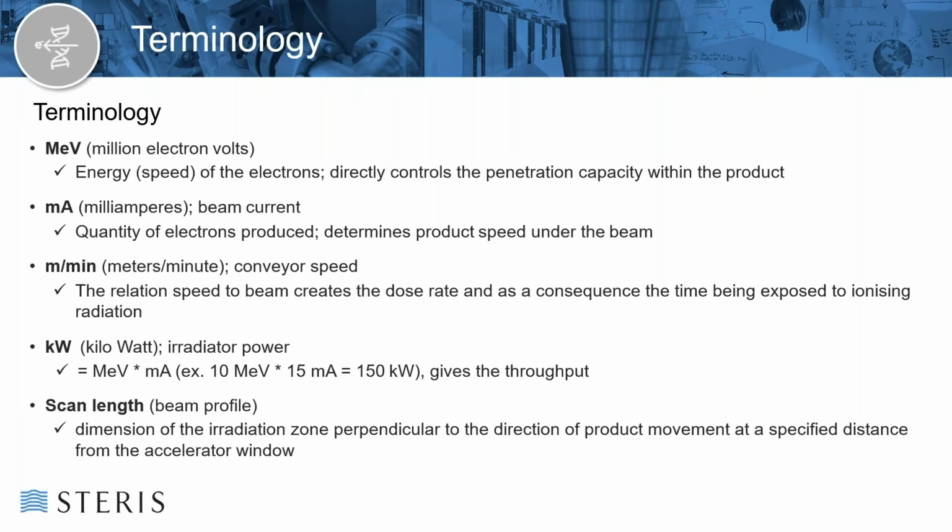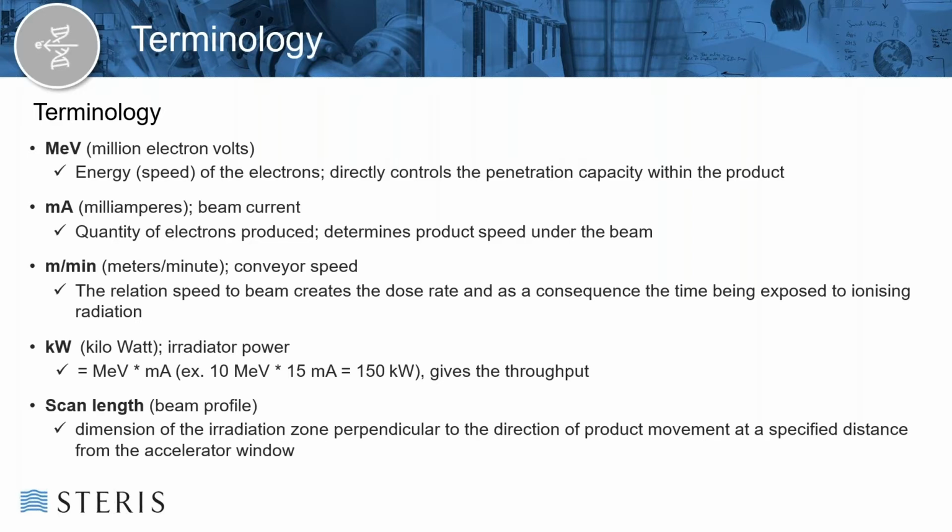Conveyance speed might be measured in any number of units. Typically at our sites, we're measuring in meters per minute. It's this relationship with the beam that creates the dose rate, and as a consequence the time that the product is exposed to ionizing radiation.